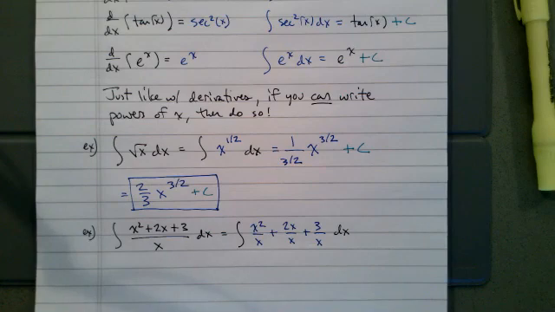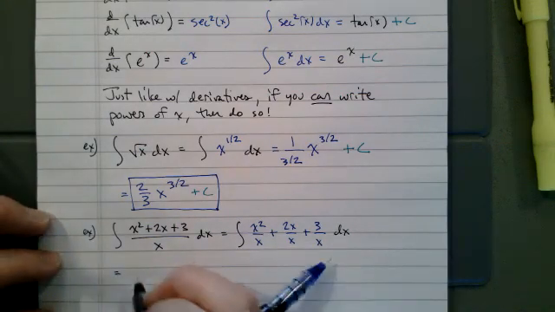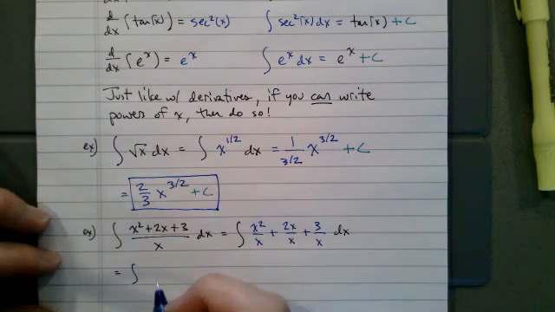Just use the distributive property and distribute the 1/x to all three terms on top, because now we have three separate terms. So now I'm going to rewrite them. We have the integral of x squared over x, which is just x, plus 2, plus 3 over x dx.